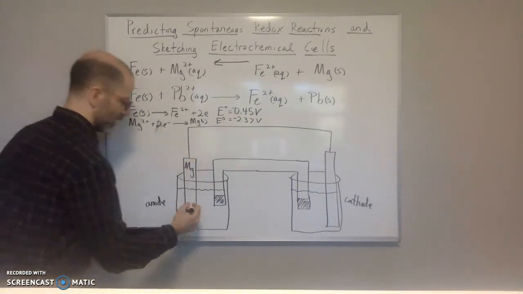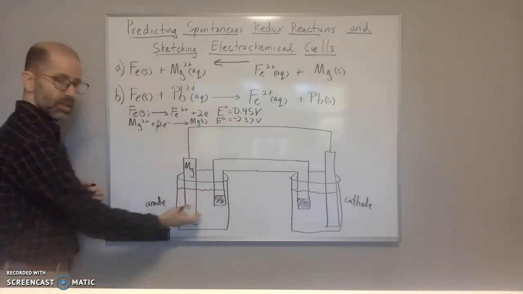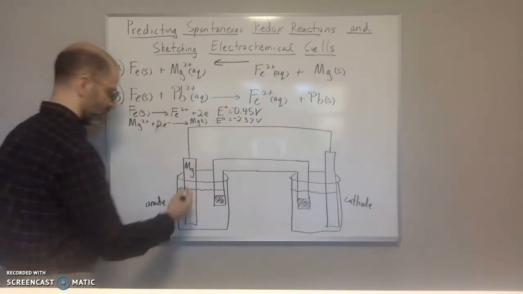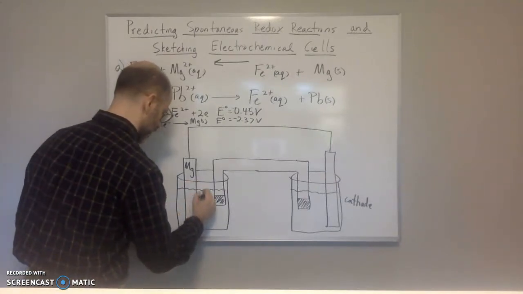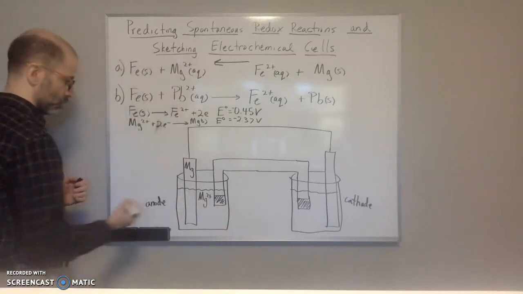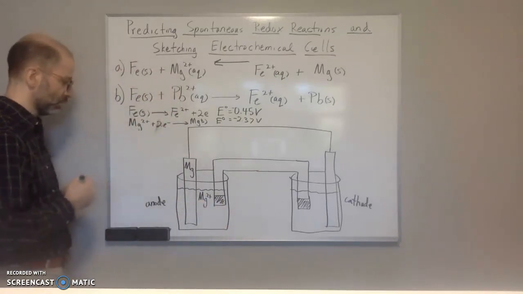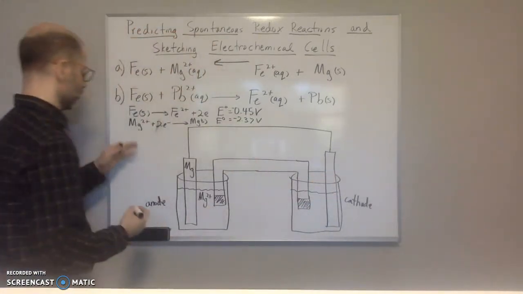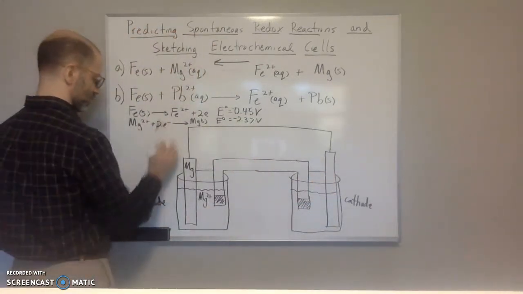And we're going to need an aqueous solution of magnesium 2+ ions. So we're going to have magnesium 2+ aqueous solution there. And on this side, this is going to be our cathode.